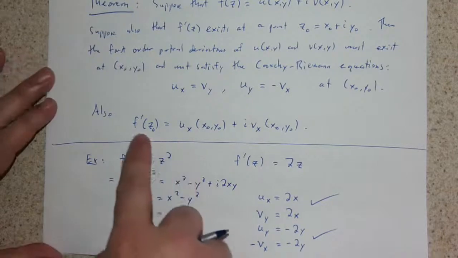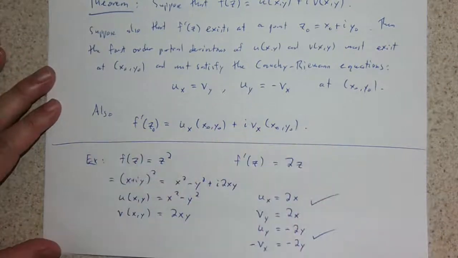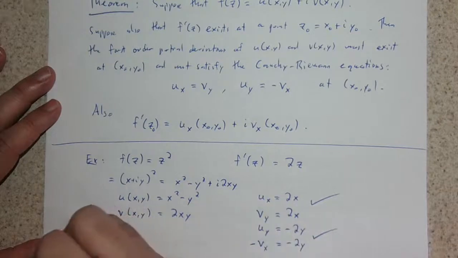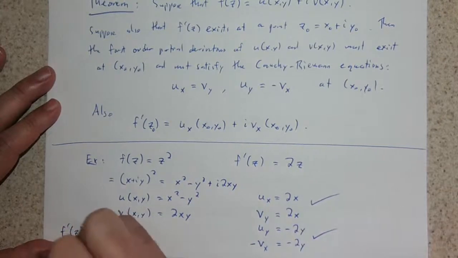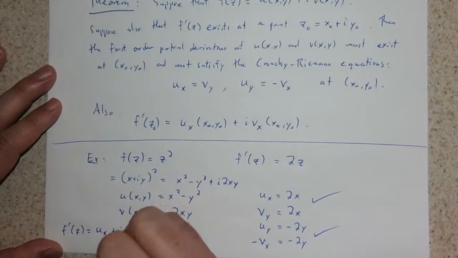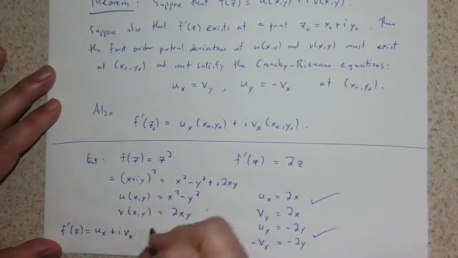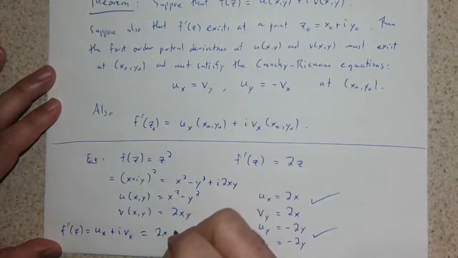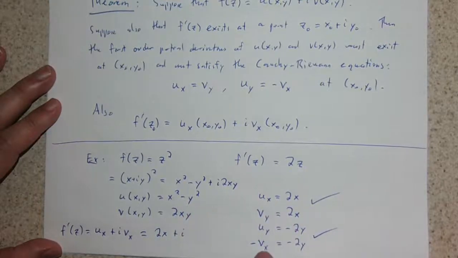But what about this alternative way of computing the derivative here? Well, I claim that I can compute f prime of z as the x partial of u plus i times the x partial of v. The x partial of u is 2x, plus i times the x partial of v, which is 2y.